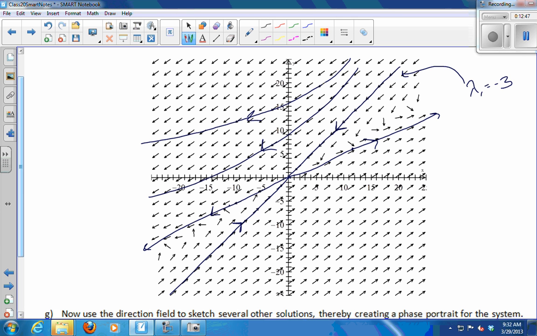In between my straight lines, I have U shapes kind of like this. And you can put the direction on using the vector field and follow these.